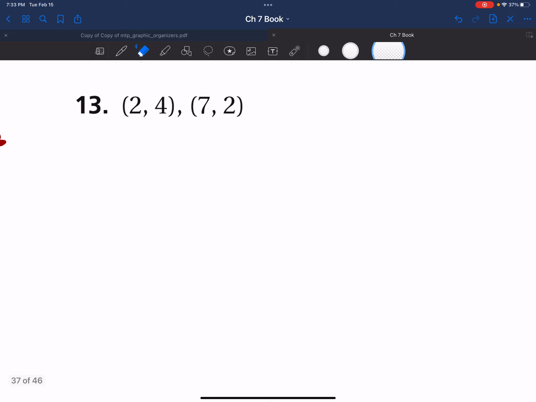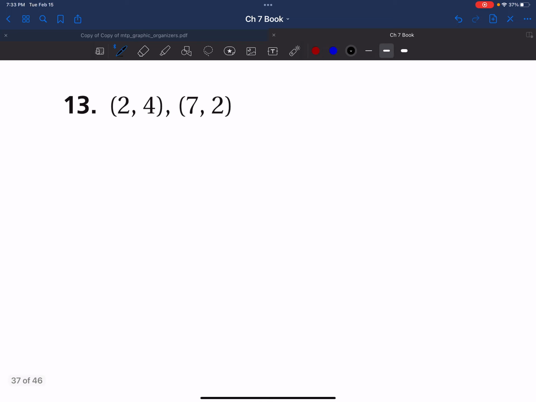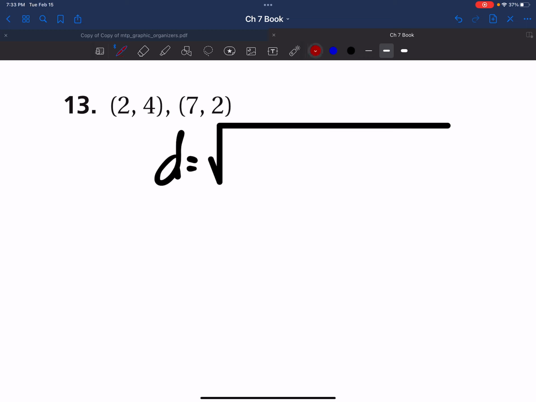Next one. The distance equals the square root of the change in x's. Oops, I'm actually going to put in the x's this time. 2 and 7, squared, plus the change in y's.